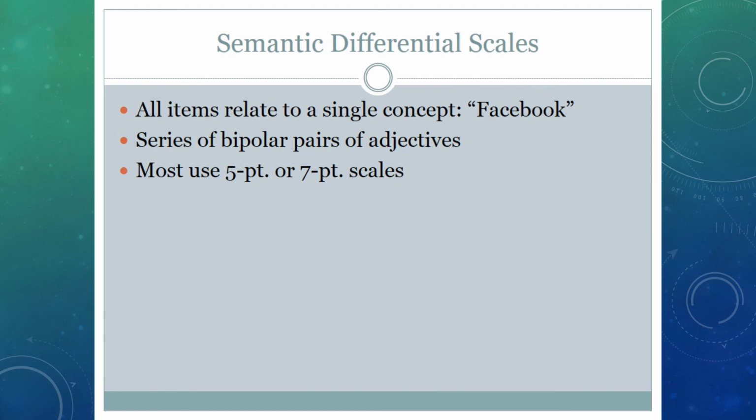I mentioned the term semantic differential scale in the first portion of our course. So just as a refresher, this is where you're going to design your survey to cover different concepts. Often people like to talk about Facebook or social media when designing surveys for our class projects.